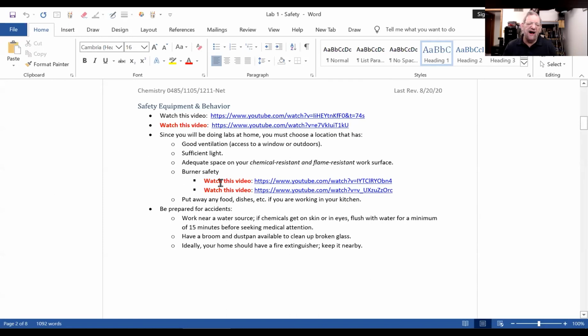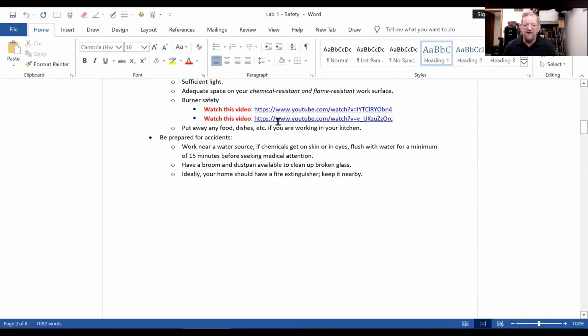Now, I'm going to try and make sure that we don't have to use the alcohol burner, because that concerns me. And I'm going to go through each lab and see if I can find a way where you just boil water first and use that on your stove, which I think is safer for you.